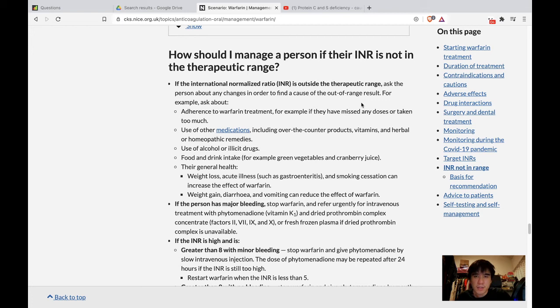If the INR is outside the therapeutic range, ask why. So sometimes it's because they're not taking their medications. Sometimes they're taking other medications that might interact with it. Sometimes they might be taking alcohol, illicit drugs. Sometimes it might be certain foods that affect the enzymes. Their general health, weight loss, acute illness such as gastroenteritis, and smoking cessation can increase the effect of warfarin. Weight gain, diarrhea, and vomiting can reduce the effect of warfarin.